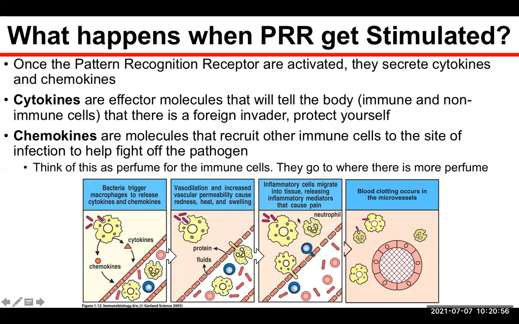Another event that occurs, especially when you get a cut on your skin, is blood clotting factors. The whole point of this is to seal off some of the circulatory system so the pathogen, the bacteria, can't circulate throughout the body.